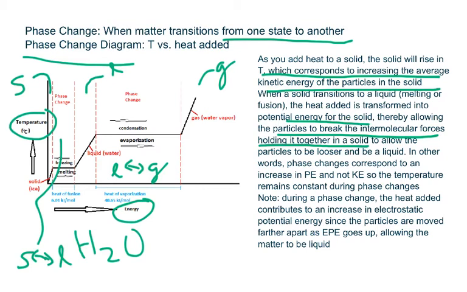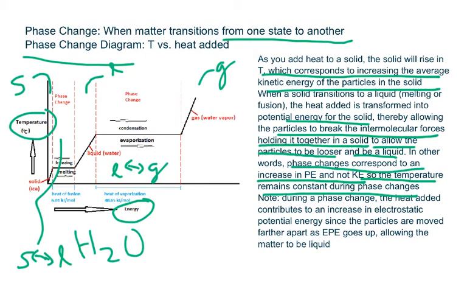In the case of a solid, it allows the particles to be looser, and once the particles are looser because of the increased potential energy, it becomes a liquid. So in other words, phase changes correspond to an increase in potential energy and not kinetic energy. So the temperature remains constant during phase changes.